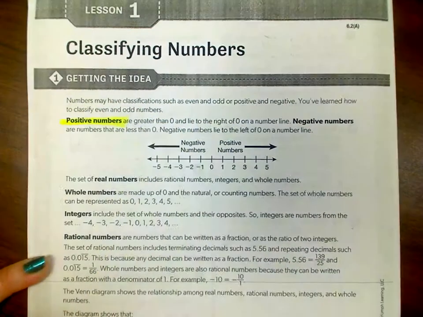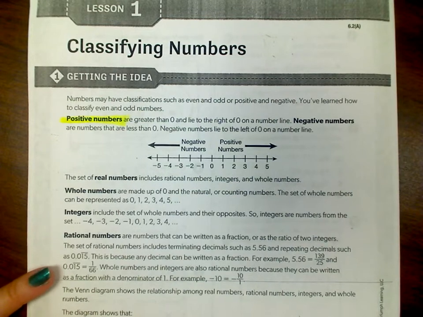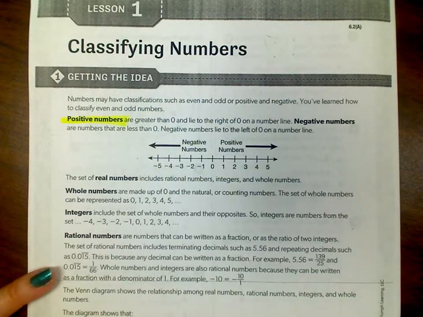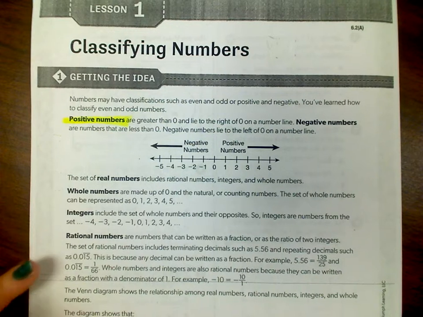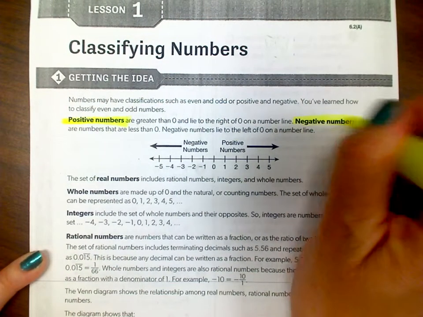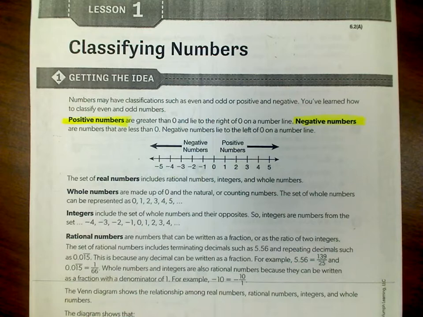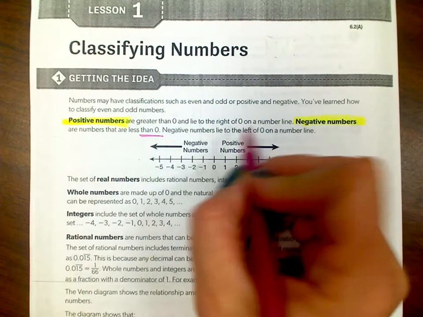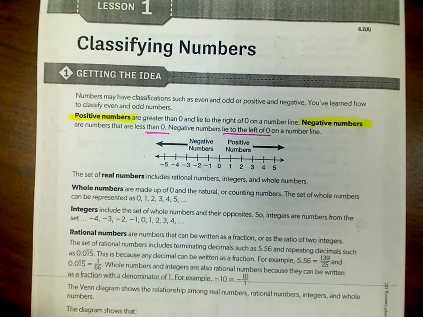Positive numbers are greater than 0 and lie on the right of 0 on the number line. Negative numbers are numbers that are less than 0 and they lie to the left of 0 on the number line.